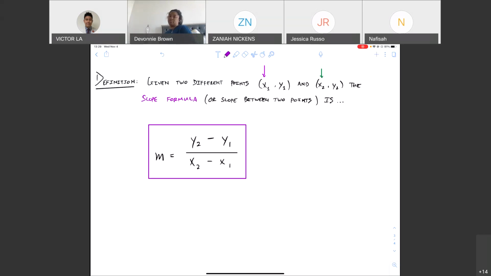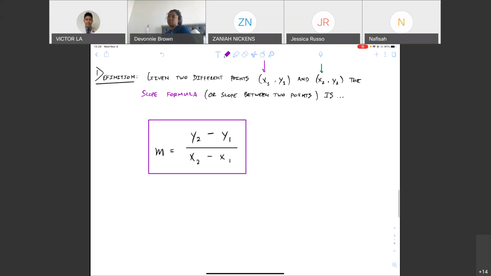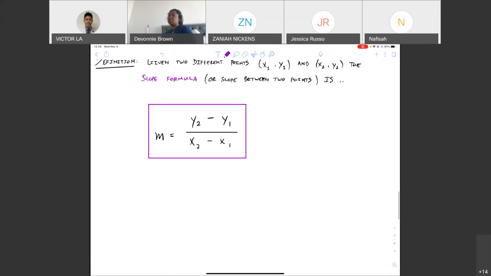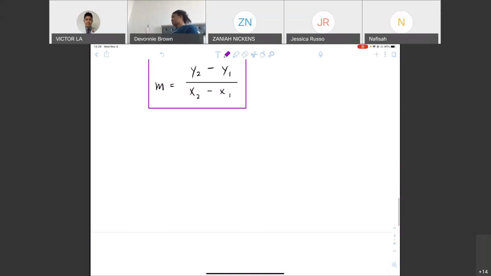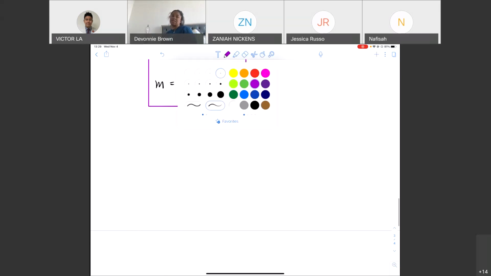Let's pick an easy example that I can think of. We're on example 6 right now. So I'll keep this formula up here, and here I'm going to write example 6.